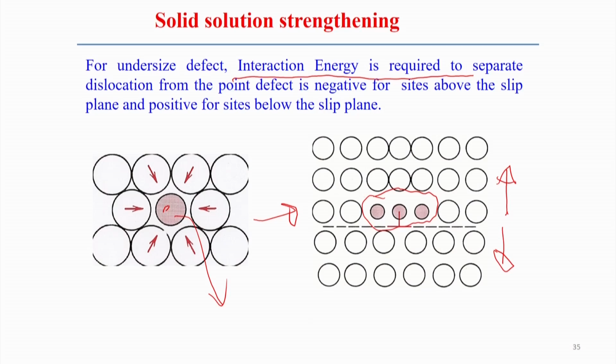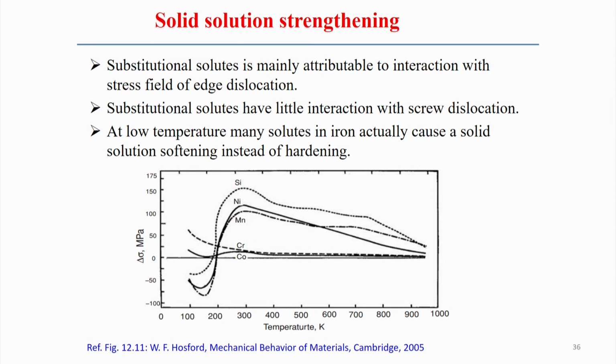Now let us see the solid solution strengthening mechanism and a few facts for that. First, substitutional solutes are mainly attributed to interaction with the stress field of the edge dislocation, which we have already pointed out, so that it can create more distortion, and at the same time there must be an associated volumetric change.